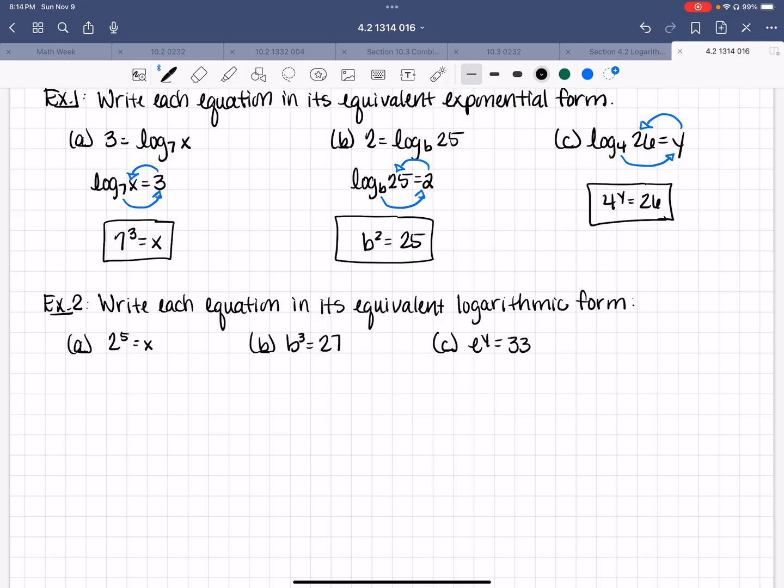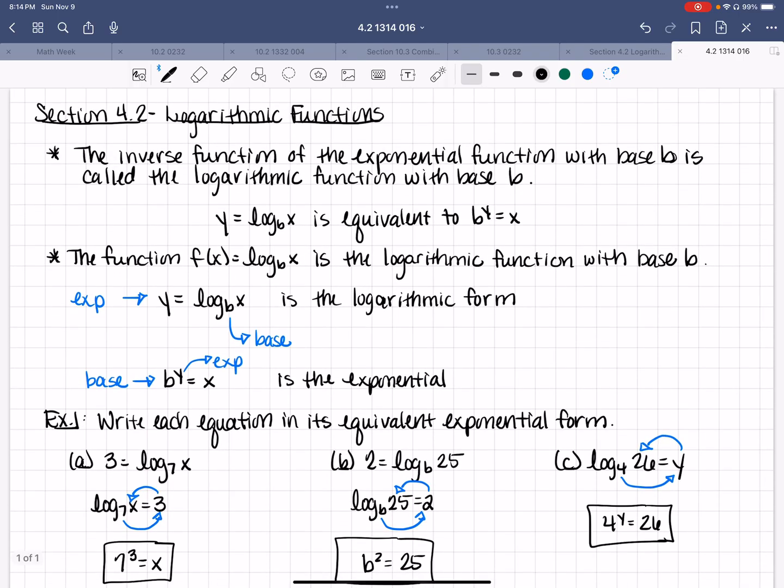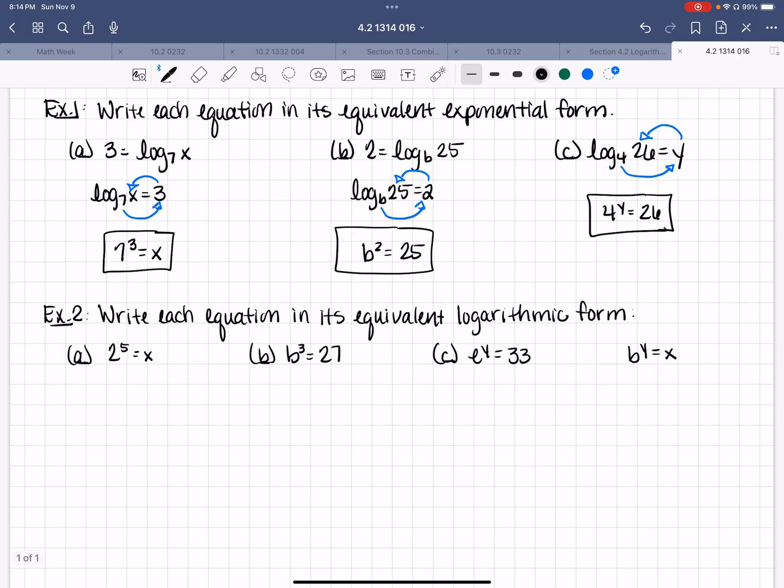I'm going to write our two forms over here. Of course, my exponential form is b to the y equals x. We're getting that from up here. And then my logarithmic form is y equals log base b of x.